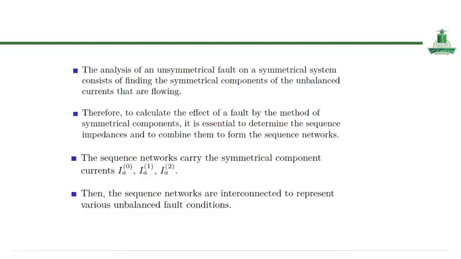To evaluate the impact of such faults, it is necessary to determine the corresponding sequence impedances of system elements and construct separate sequence networks for each component. These networks carry the respective sequence currents denoted as Ia0, Ia1, and Ia2.